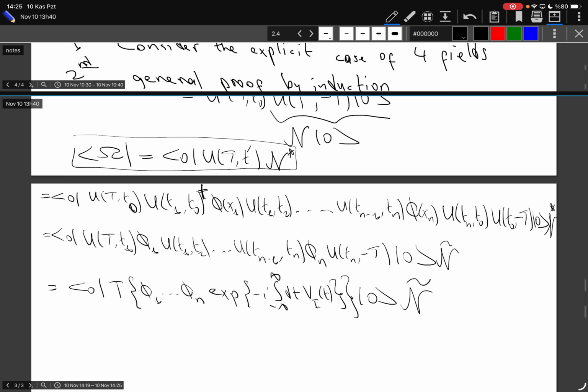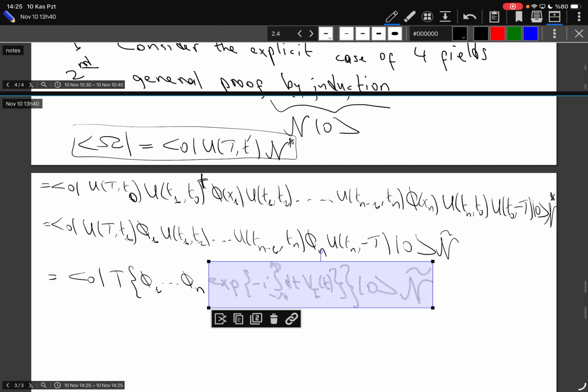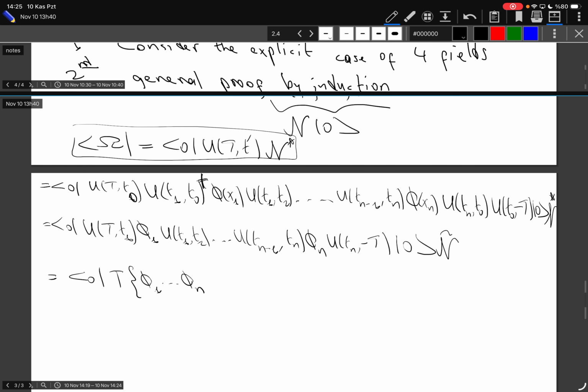So between T1 and T2, the T2 to T3 is small again? Not necessarily. You see, let me write it explicitly if you like. First of all, I'm just changing the order of my operators within the time ordering, because what will determine the ordering of my operators will be not the place I put them, but the time ordering operator.